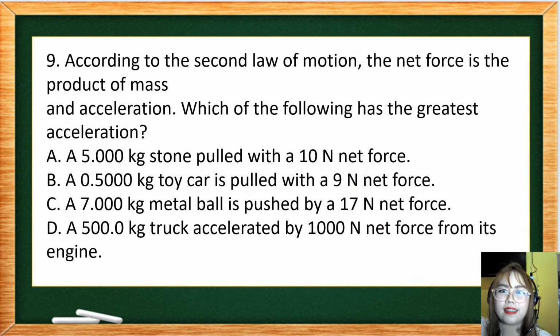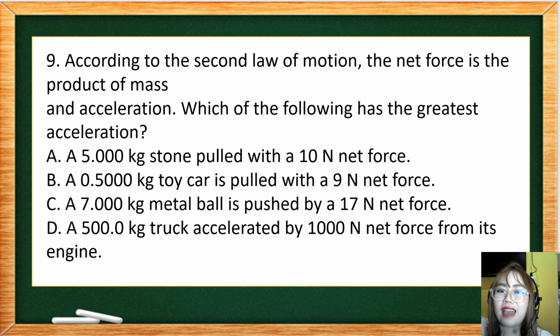Number 9. According to the second law of motion, the net force is the product of mass and acceleration. Which of the following has the greatest acceleration? A. A 5-kilogram stone pulled with a 10 Newton net force.